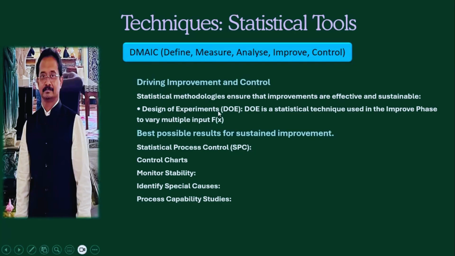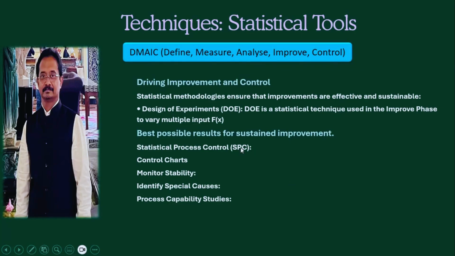Design of experiments is going to tell you how it will be successful. How am I going to do this when I apply this input, f of X? What is my output? Is it going to satisfy my customer requirement? That's what we call design of experiments, before we release the product or before we conclude what we are going to do. And here, what are all the things we are going to use?